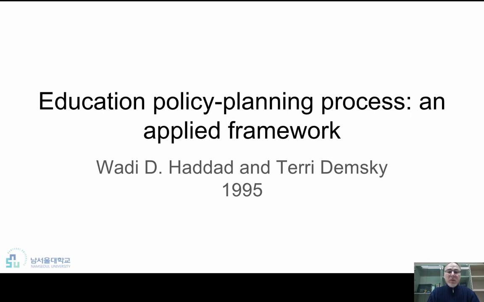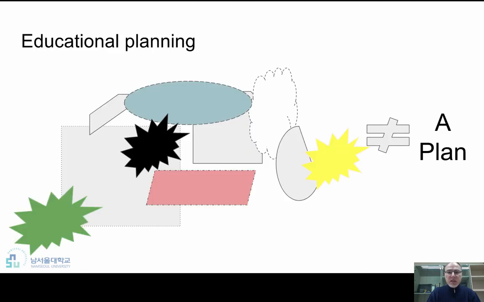Now, looking at one of our early readings that's specifically about the education policy-making process, the Haddad and Dembski reading laid it out very clearly. Educational policy planning is not the result of a bunch of random events. It doesn't just happen without guidance.